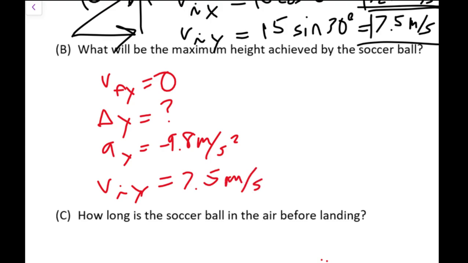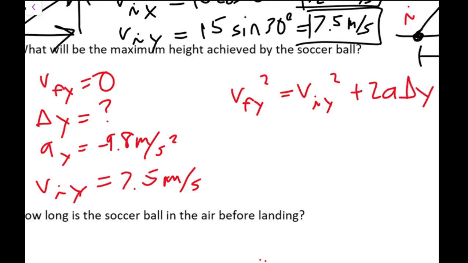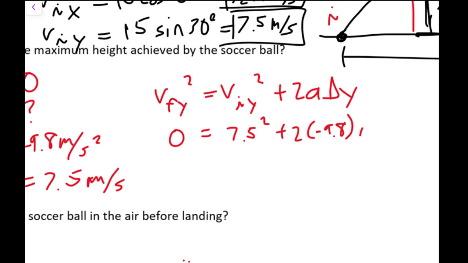I'm going to plug all that into the equation that does not have time in it, which is VFY squared equals VIY squared plus 2A delta y, and I'm solving for delta y. V final is 0, V initial is 7.5, acceleration is negative 9.8, and delta y is unknown.